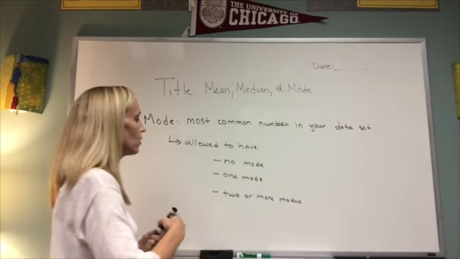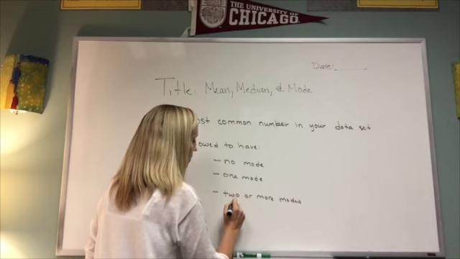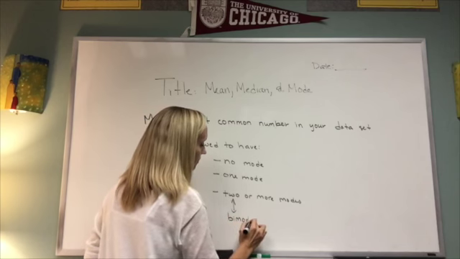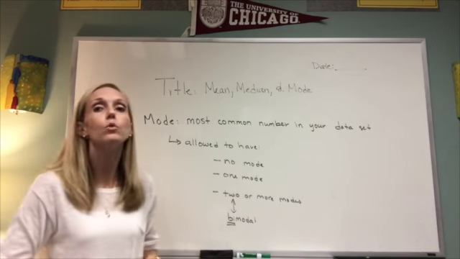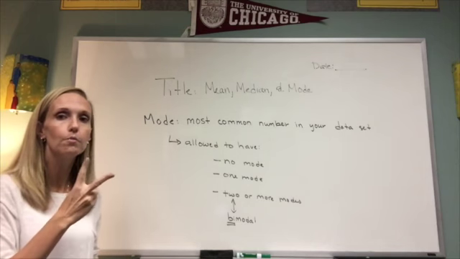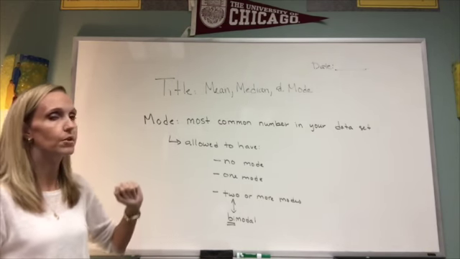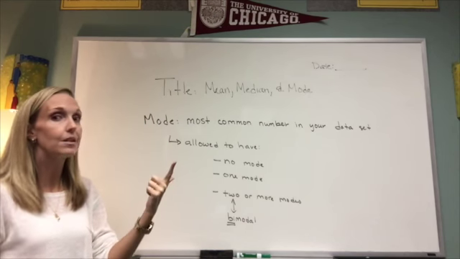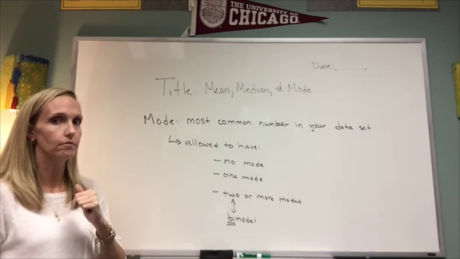When we have 2 modes, we call that bimodal. Remember, bi means 2. So if you have a bimodal data set, that means there are 2 modes. Okay? So the mode is simply just the most common number in your data set. Mean is the average. Median is the middle number. Mode is the most often occurring.